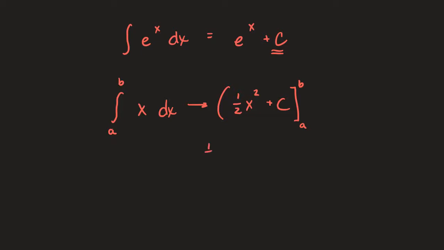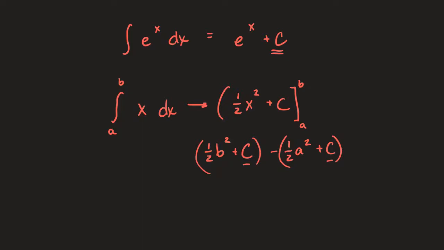I'd have 1/2 b squared plus c minus 1/2 a squared plus c. So whenever limits are employed, the constant will be subtracted away.